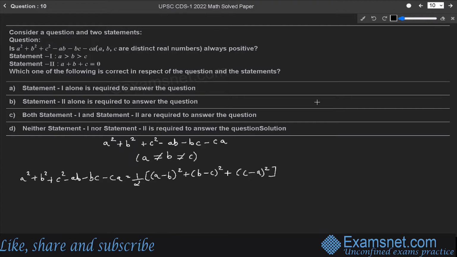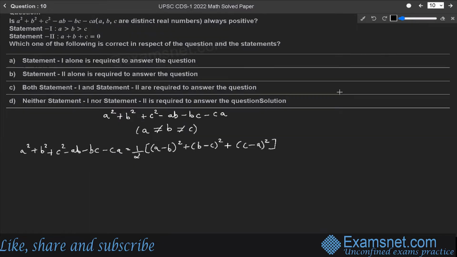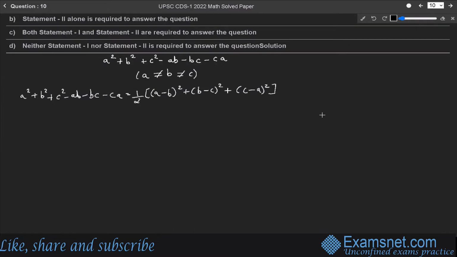So, it is given that a, b and c are distinct real numbers. Therefore, they are not equal. So, let us take a equals 1, b equals 2 and c equals 3, because we know that a is less than b and b is less than c.